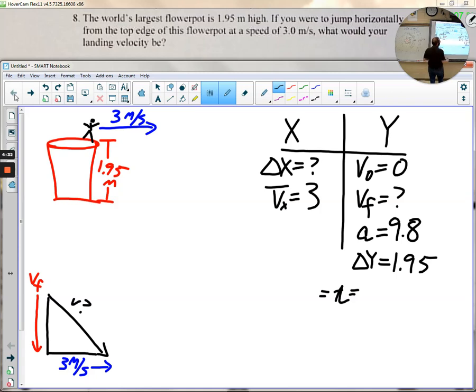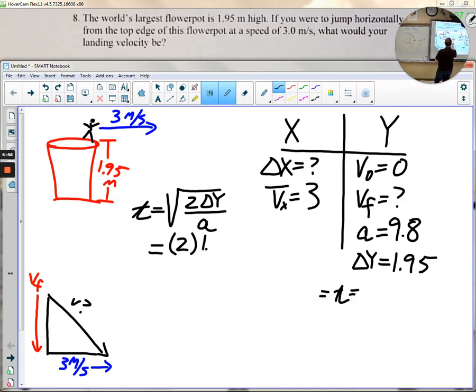So, knowing that, T equals the square root of 2 delta Y over A, which means that T is going to equal the square root of 2 times 1.95 over 9.8, and I plug that into my calculator.